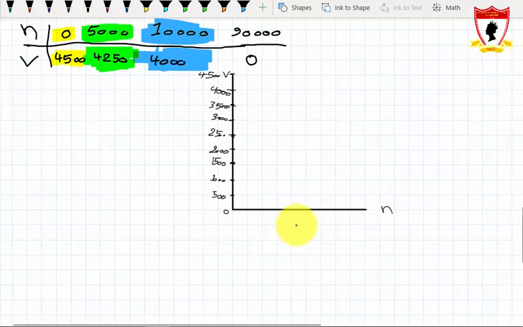The n-axis is going by 10,000s. So each line here is representing 10,000: 10, 20, 30, 40, 50, 60, 70, 80, 90.